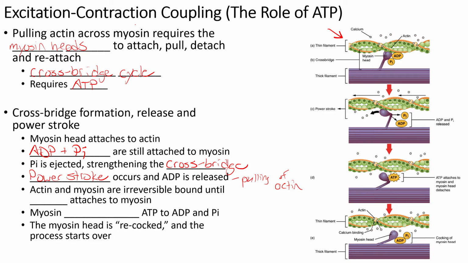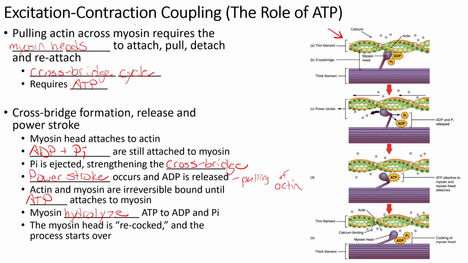Okay. And then what's going to happen is the ADP is going to be kicked off. So now we've got actin bound to myosin and nothing else is attached. They're irreversibly bound until ATP reattaches to the myosin. And then the myosin is going to hydrolyze the ATP, which means it's going to break it.